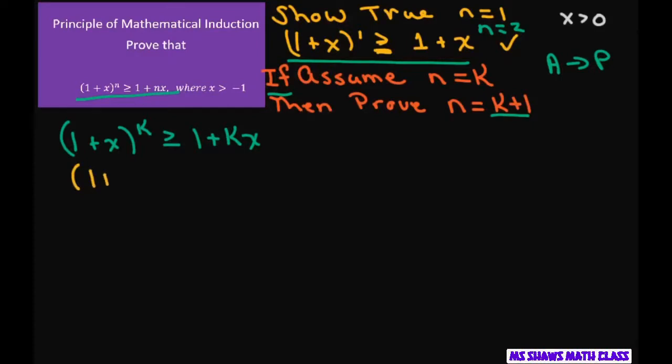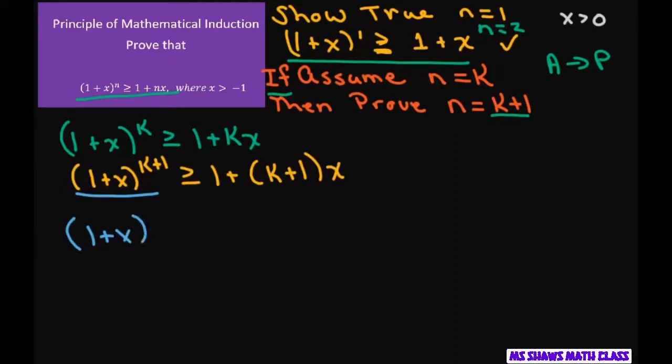We're going to do (1 + x)^(k+1) is greater than or equal to 1 + (k+1)x. So I can rewrite this as (1 + x) times (1 + x)^k, because remember your properties of exponents use your product rule.